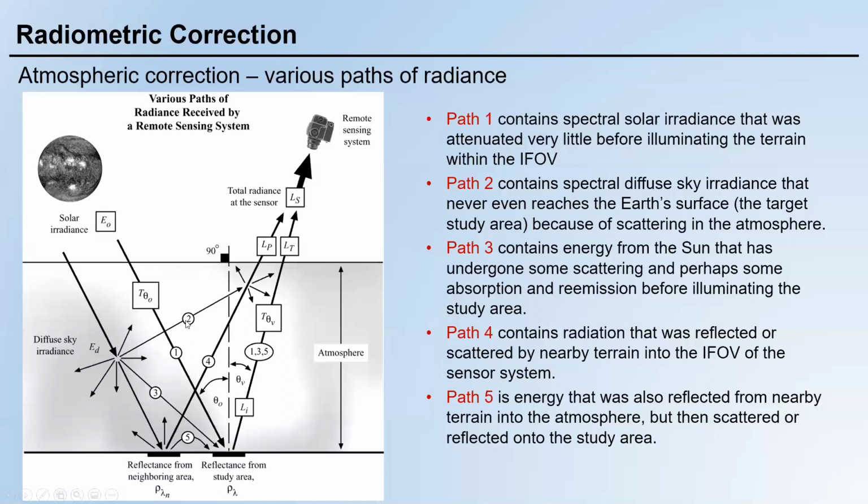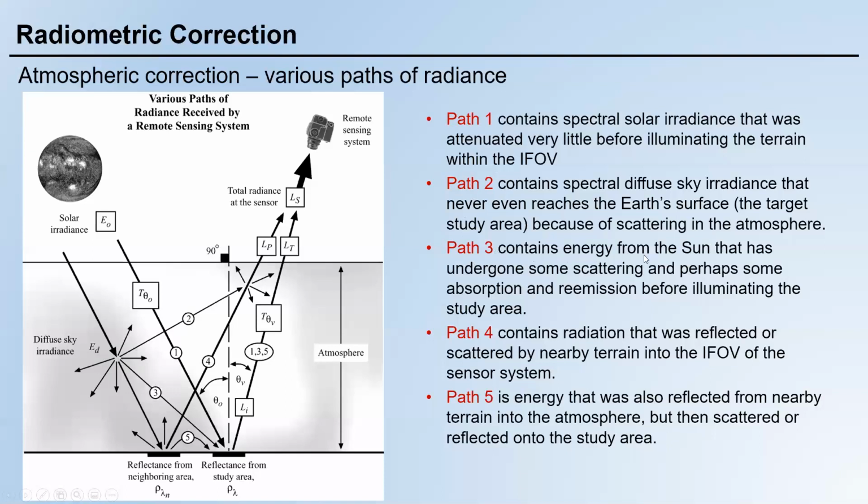Path 2 represents the EMR scattered by the atmosphere. So obviously, it's noise. We don't want it because it doesn't have any information about the area of interest. So path 2 is something we want to eliminate.